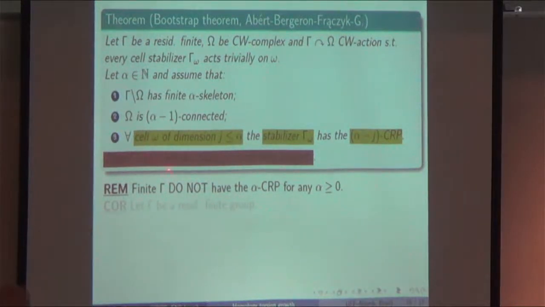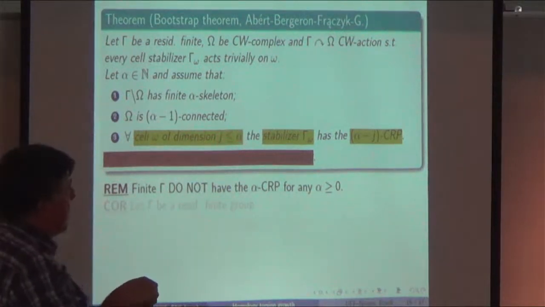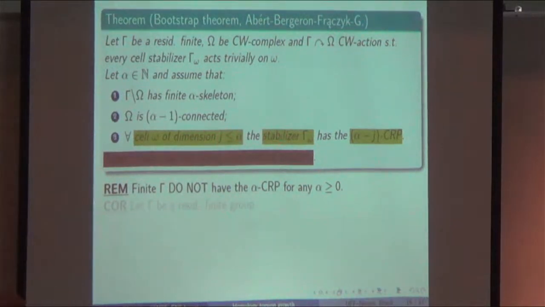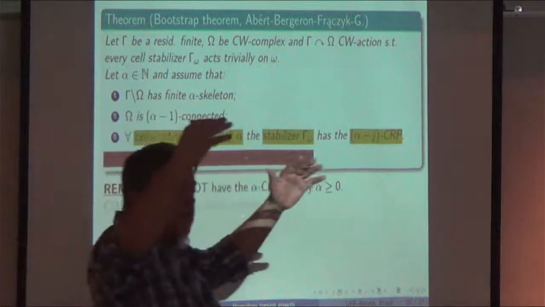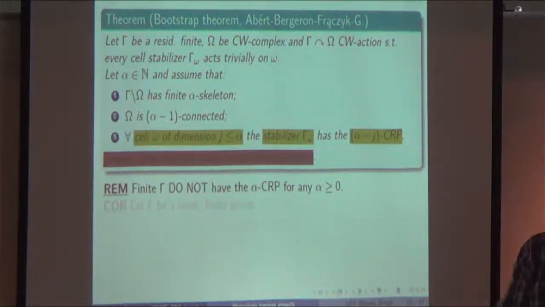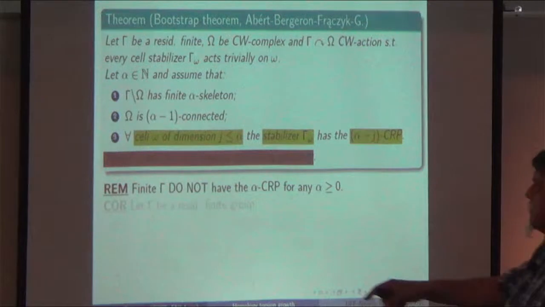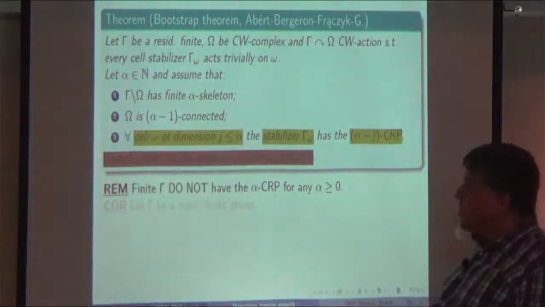For a cell of dimension d at most alpha, you want its stabilizer to have the alpha minus d cheap rebuilding property. The larger the dimension, the weaker the property. And in this situation, gamma has the cheap alpha rebuilding property.